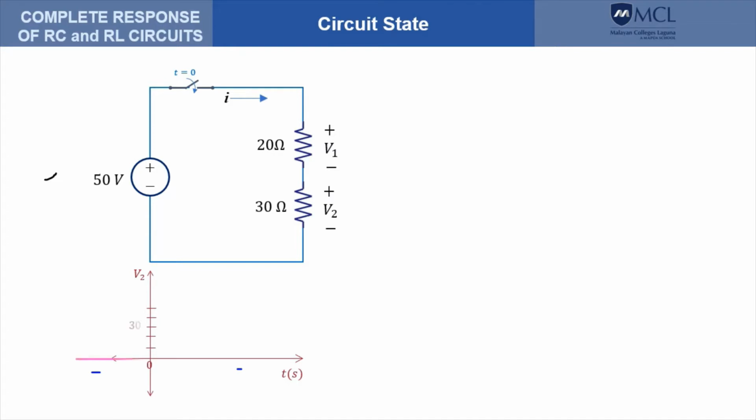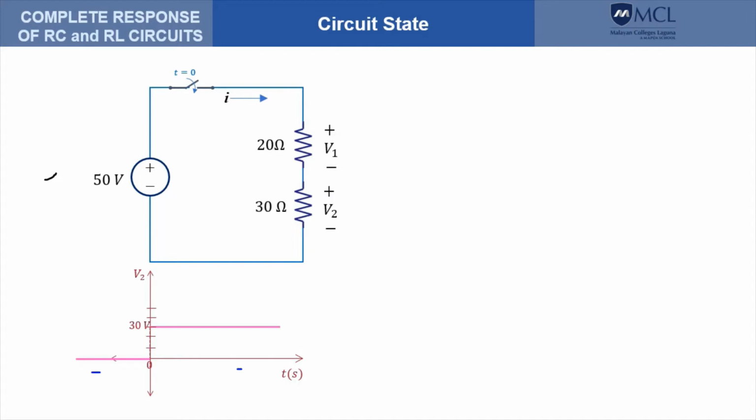We see that the voltage V2 is 0 before t equals 0 and jumps to a value of 30 volts at t equals 0 and stays on that value all throughout.